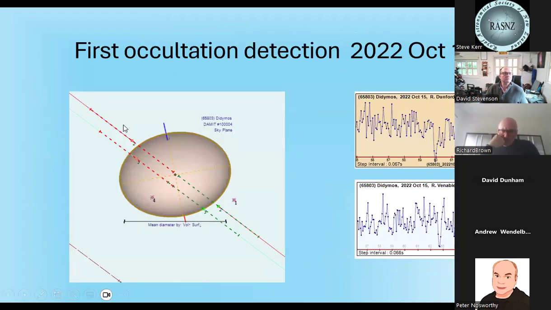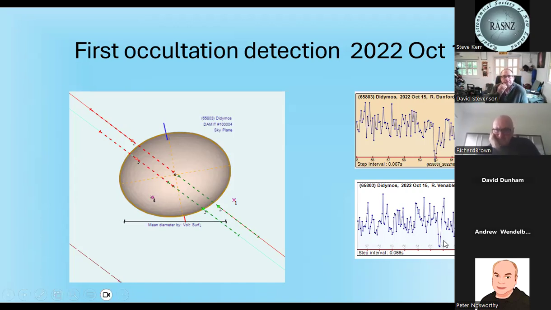Now, this is just to give you an indication of the nature of the observations we were having to deal with. This was the first occultation detection in October. Here are the light curves. So for those that are concerned about how good their light curves are, that's a nice light curve there. It's clear as whatever.